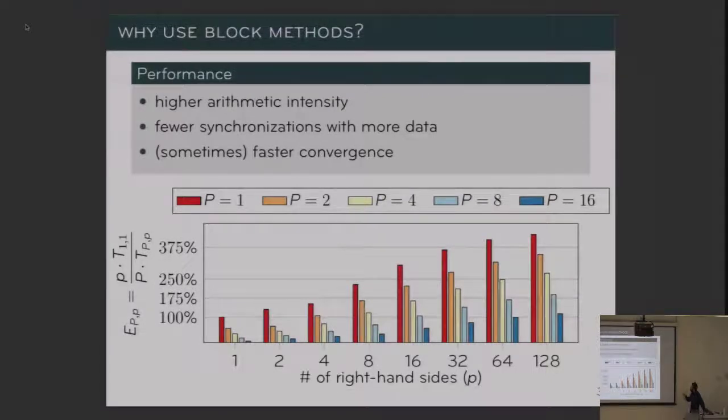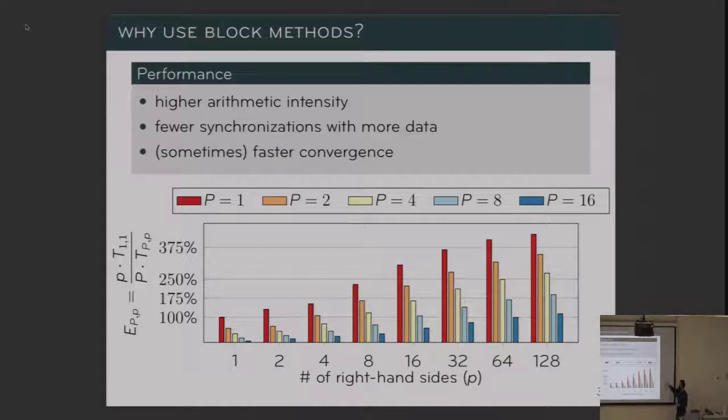Just to highlight the first point about arithmetic intensity, what I'm plotting here is the performance of the matsolve. It's the red column on the far left of the figure. This is the efficiency for the matsolve and for the mat-matsolve. On the axis, I increase the number of right-hand sides that I'm using inside my mat-matsolve, and in different colors, I'm using a different number of threads.